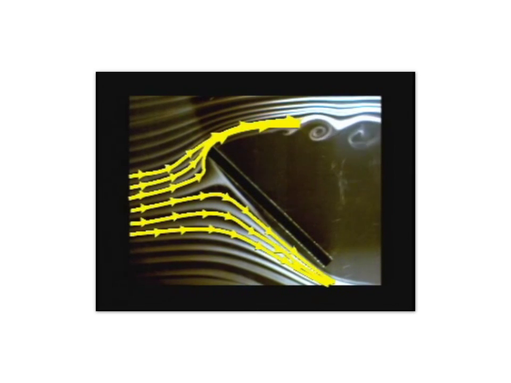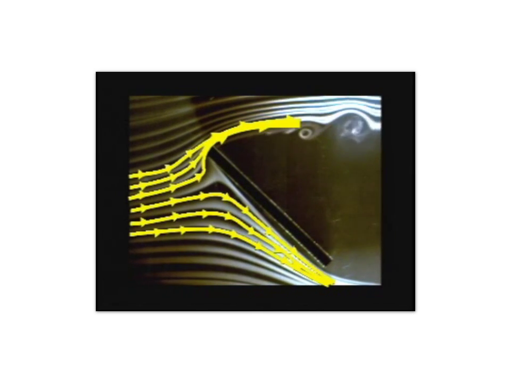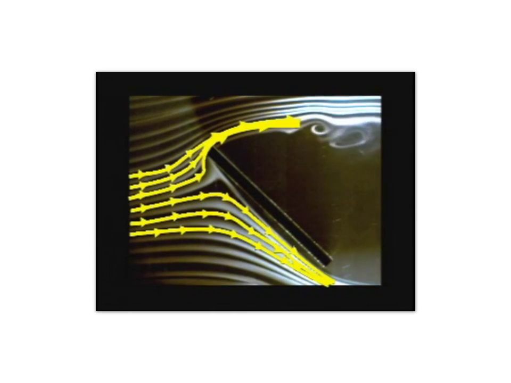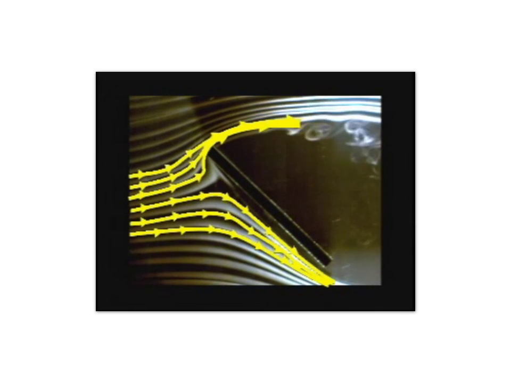Here are the streamlines for a flat plate fixed at a certain angle in a smoke tunnel flow field. These were measured by particle image velocimetry, or PIV, a modern tool of experimental fluid dynamics. A streak line is the locus of particles which have earlier passed through a prescribed point.